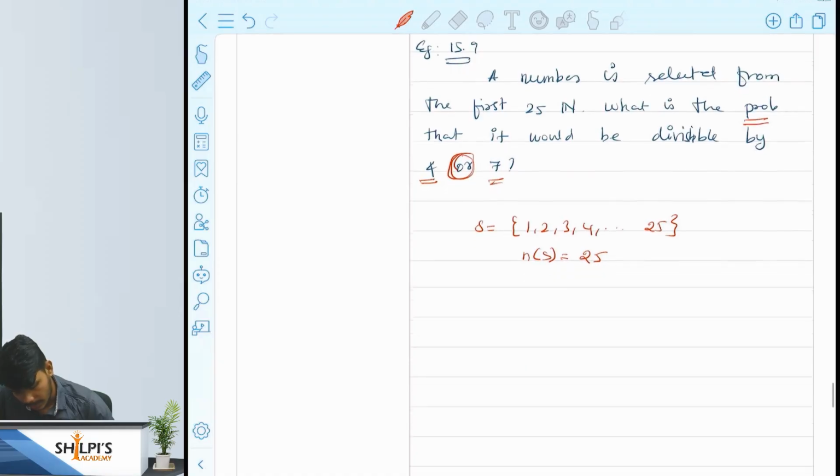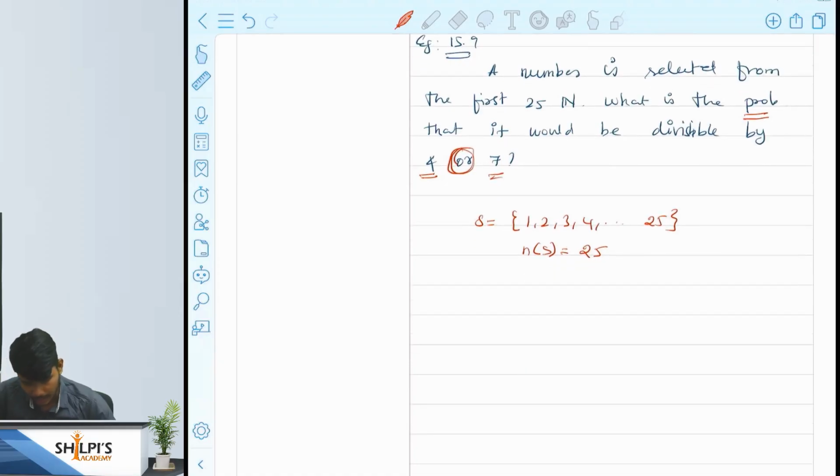So here there are two events, right? I want to find the probability that it would be divisible by 4, or the probability that it would be divisible by 7, right?